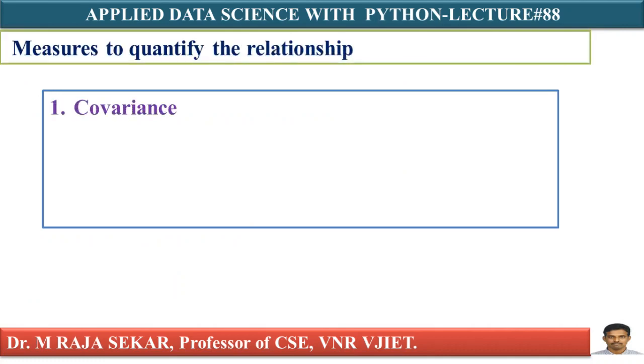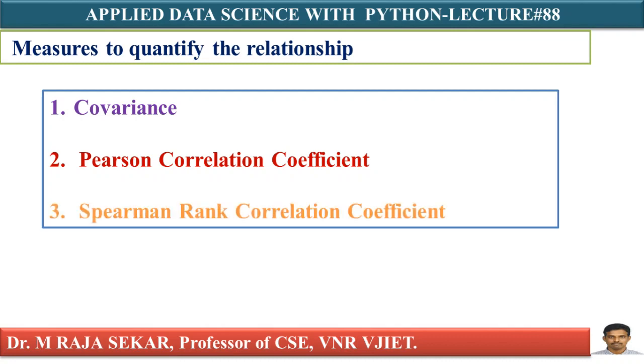There are three measures to quantify such a relationship. The first one is covariance. If you read the term, it has some similarity with variance. How will it be? We will try to understand. The second one is Pearson correlation coefficient. The third one is Spearman rank correlation coefficient.